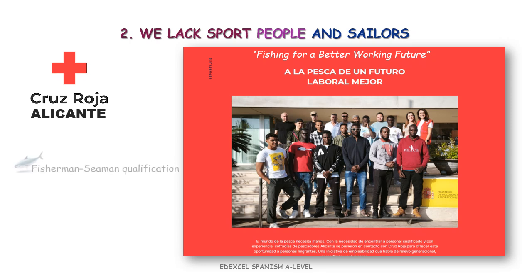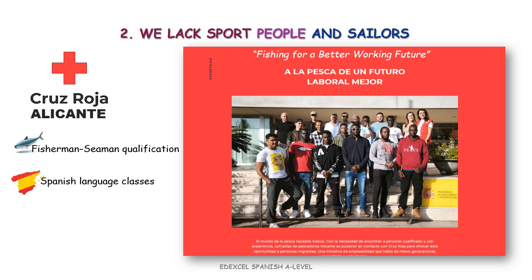By providing training courses to obtain the fisherman seaman qualification, by offering Spanish language classes to support integration, and by providing psychological support, as many participants have suffered trauma after dangerous sea journeys, enduring extreme hardship, and in some cases, losing friends or family members along the way.